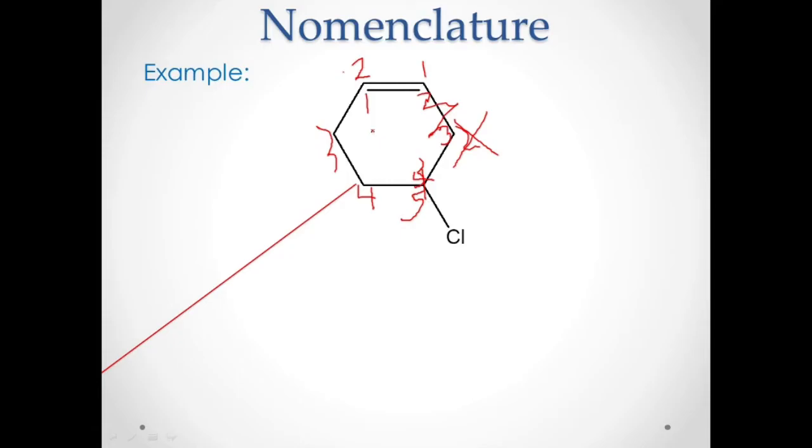Then you cannot include the number for the cyclohexene, like 1-cyclohexene, because it's understood that it should be on number 1, as there are no other carbon-to-carbon double bonds here. It has only one carbon-to-carbon double bond, so you will not put the number 1 anymore.